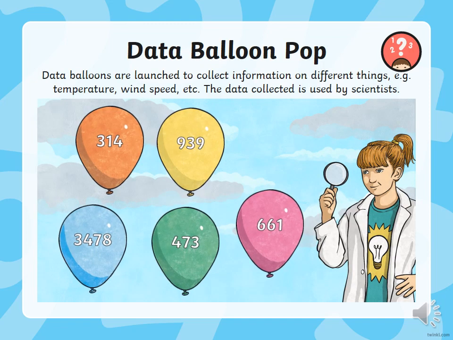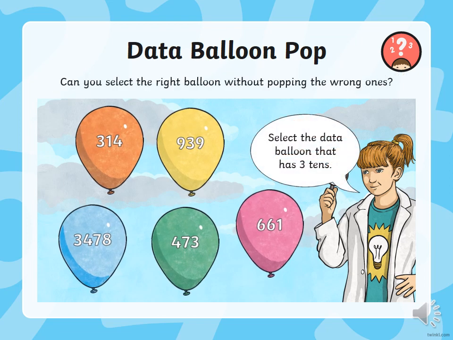Okay, so data balloon pop. Data balloons are launched to collect information on different things, for example, temperature, wind speed, etc. The data collected is used by scientists. Can you select the right balloon without popping the wrong ones? Select the data balloon that shows 3 tens.